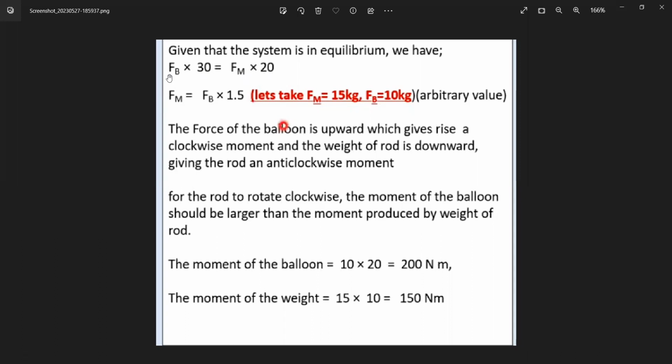So the clockwise moment should be equal to the anti-clockwise moment. When we solve it, you will see the force ratio of 1.5. It means we can assume the masses.